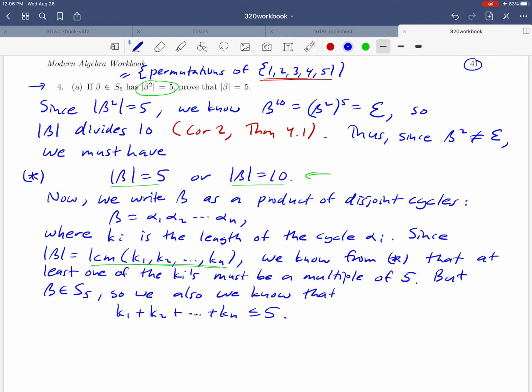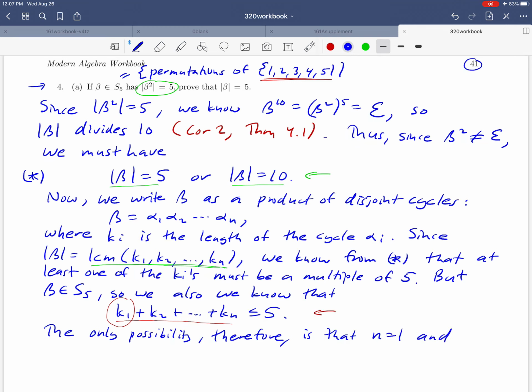So let's think about this then. We've got this inequality being true, and we know that at least one of the k's on our list over here has to have 5 as a factor. What's the only possibility? Well, if one of these numbers is at least 5, then that means there can only be one number on the left-hand side of the equation. If there were more than one, we'd get a number that's bigger than 5 on the left-hand side. So here's what we can say then. The only possibility, therefore, is that n equals 1.